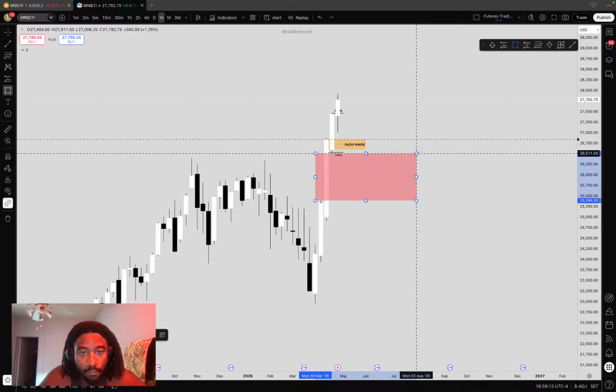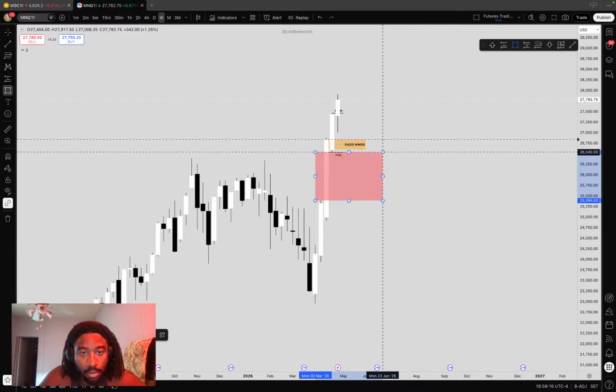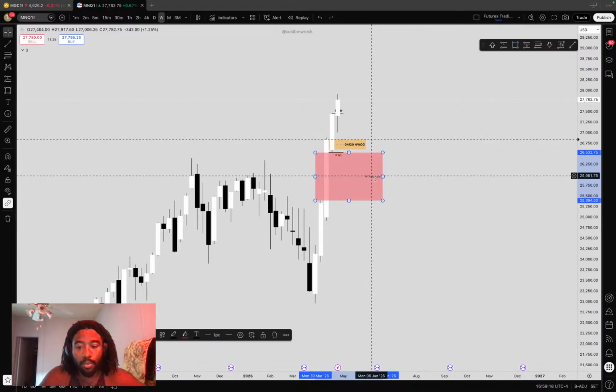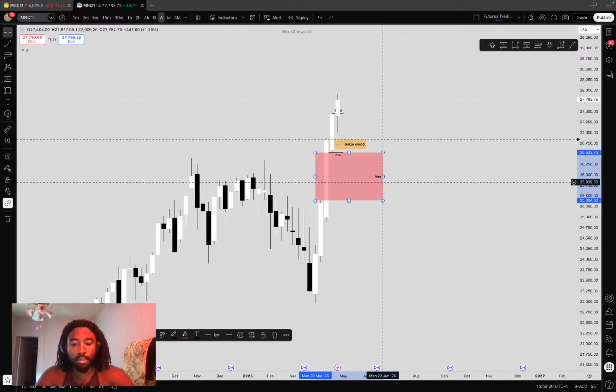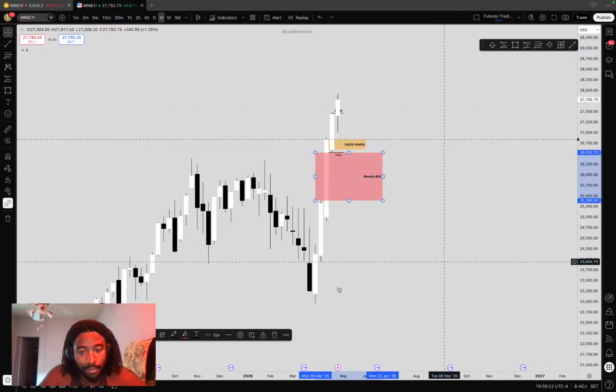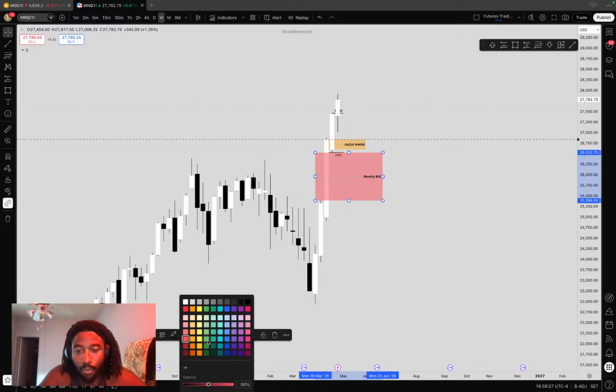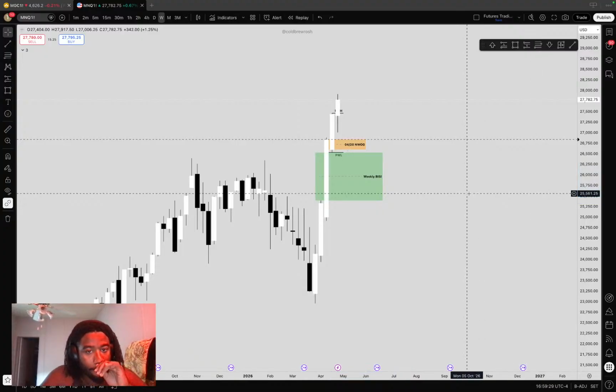This thing could stay here for weeks. It could go into this weekly BISI for weeks, and in that case, it's a consolidating market. It's an efficient market. I want to trade in efficiency.